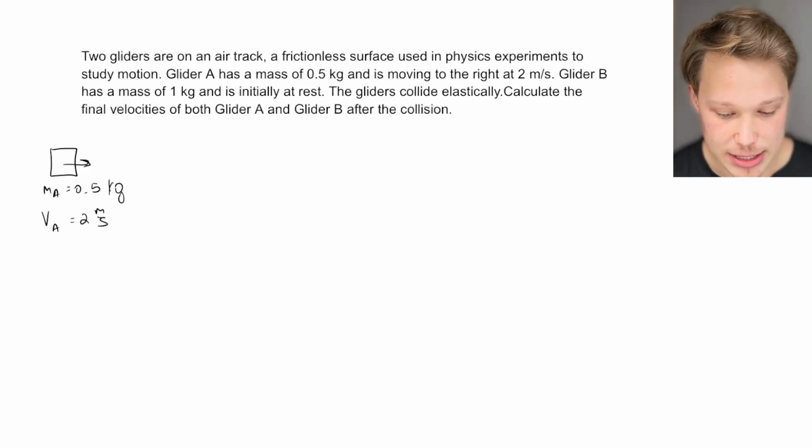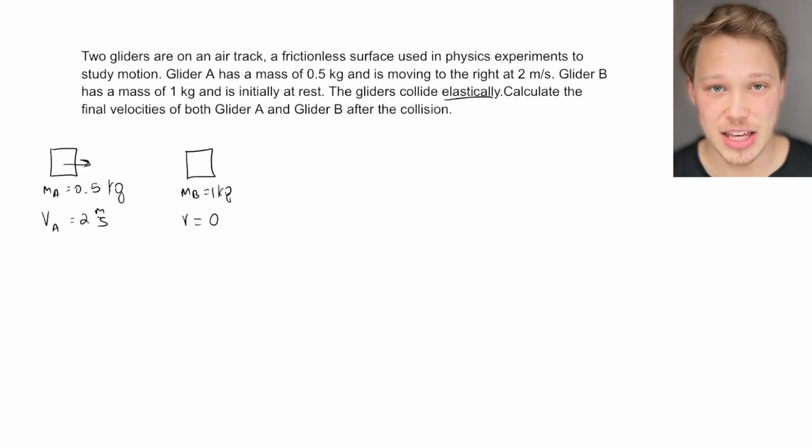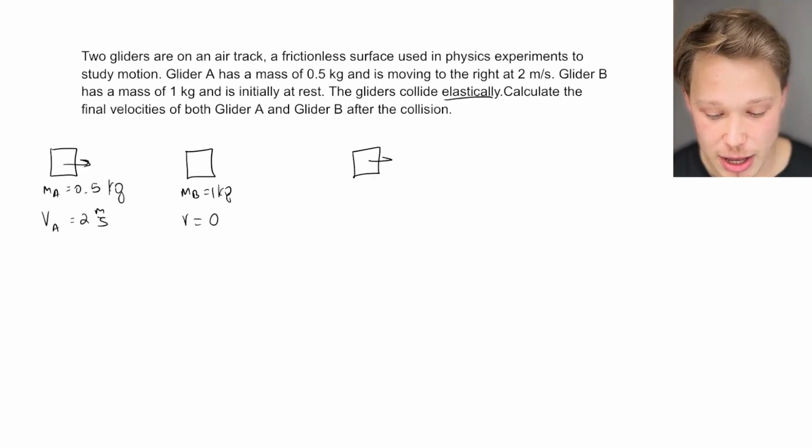Glider B has a mass of 1 kilogram and is initially at rest, meaning its velocity is 0. The gliders then collide elastically. So here's our key to also use conservation of kinetic energy. We have to calculate the final velocities of glider A and glider B after the collision.